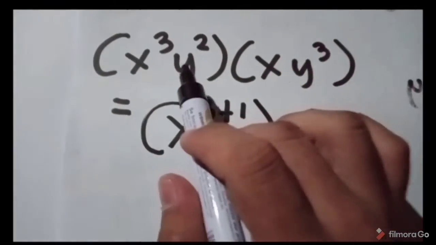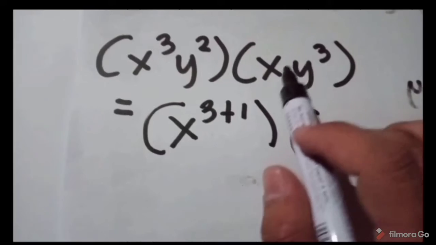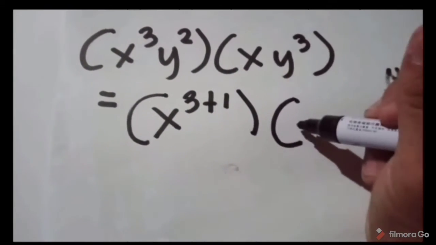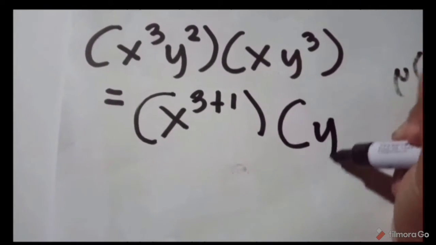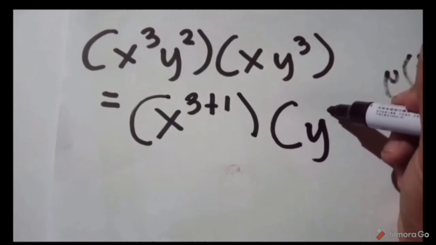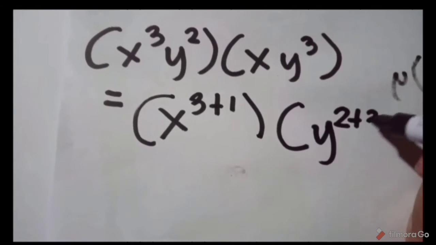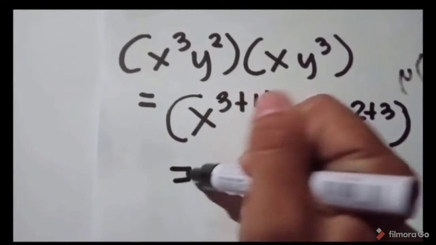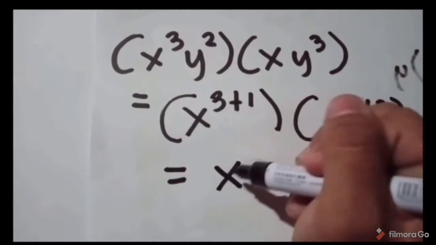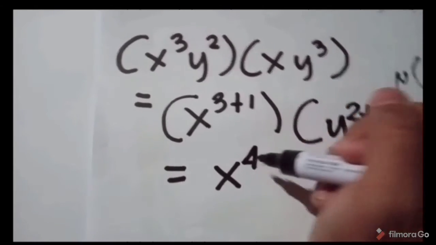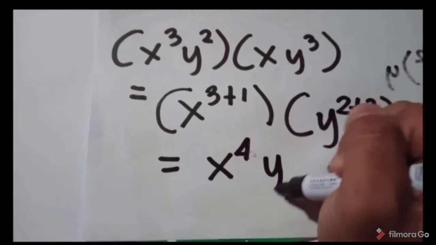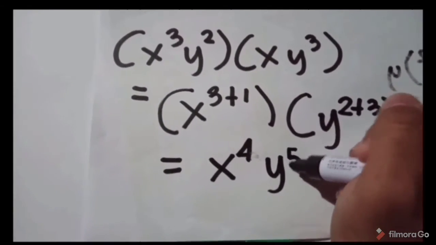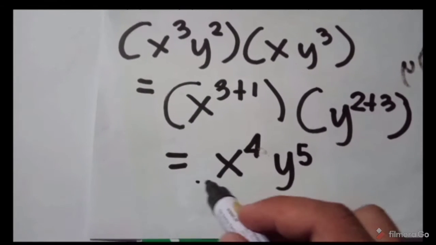Next is the y. Y has 2 exponents here and y has 3 exponents here. So when multiplying, let's just copy the base and add the exponents. So x to the 4, then y to the 5. So this is the final answer.